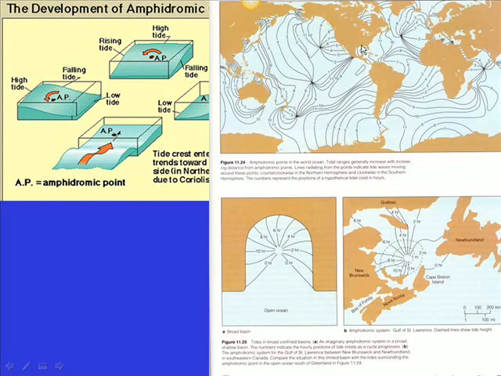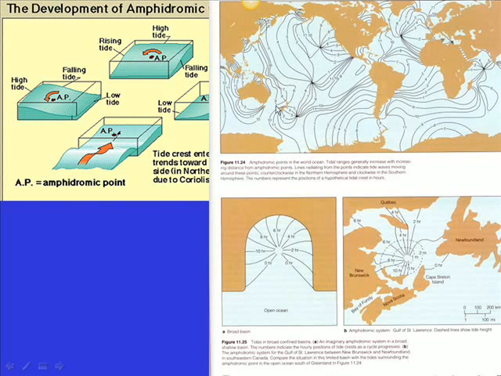Those are free Kelvin waves. And when the Kelvin wave is bounded in the gulf, then you can have an amphidromic system. You can have what you were asking, Kelvin waves traveling in opposite directions. So again, you can have amphidromic points in the tides in the ocean in general.